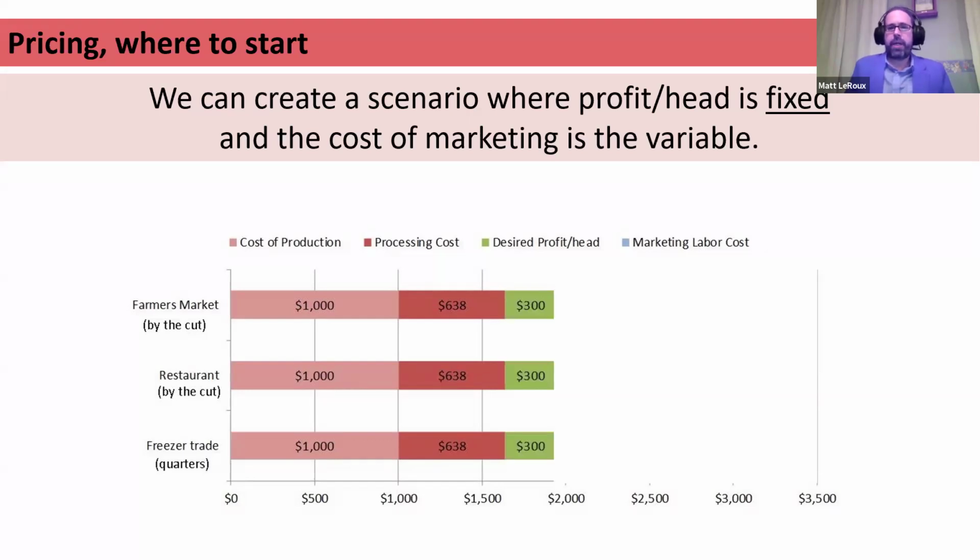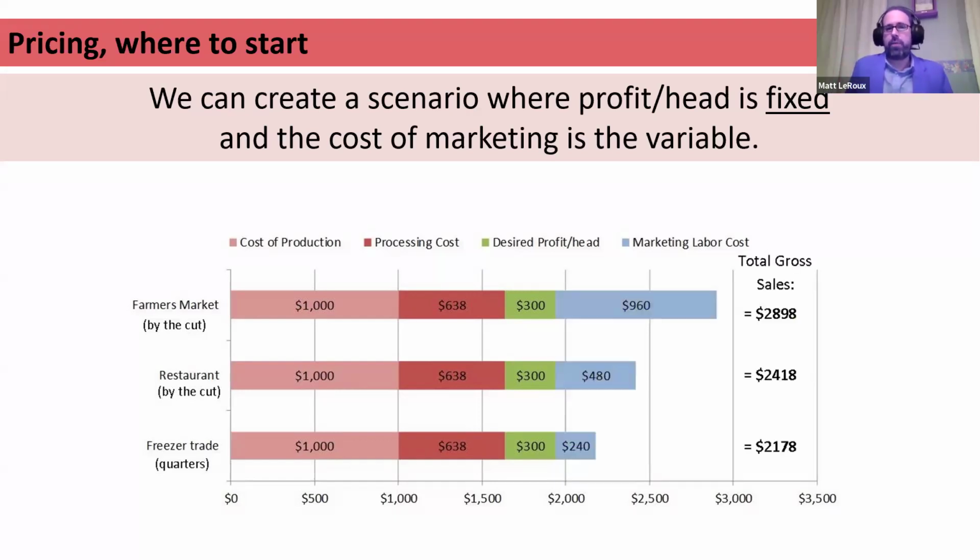So that's when we plug in our desired profit per head. If we just say cost of production is the same across all channels, processing cost is the same across all channels. Let's just pretend that our desired profit per head is another cost and it's the same across all channels. We plug that in. So why do we need different price sheets? Because our cost of marketing will vary across those channels.